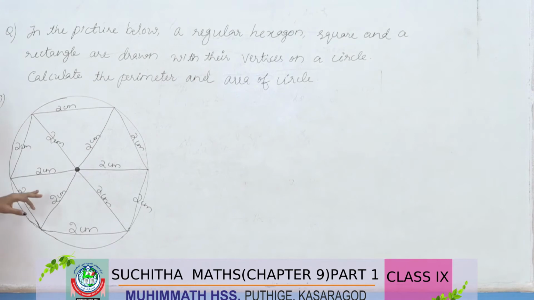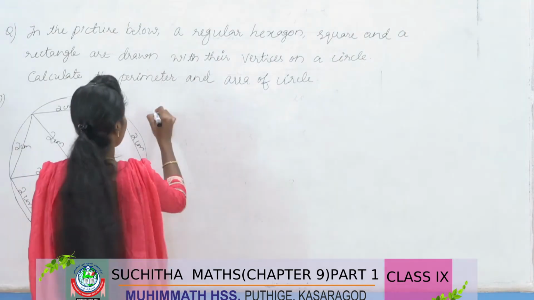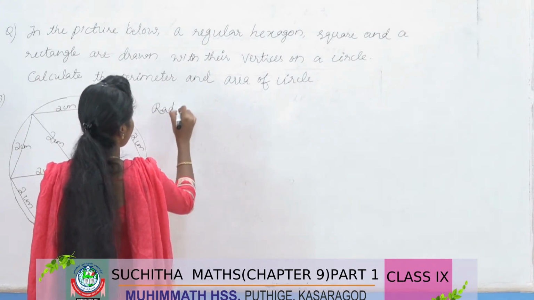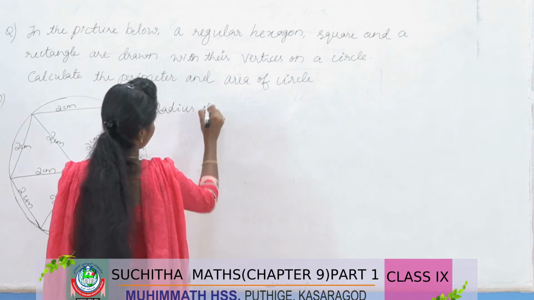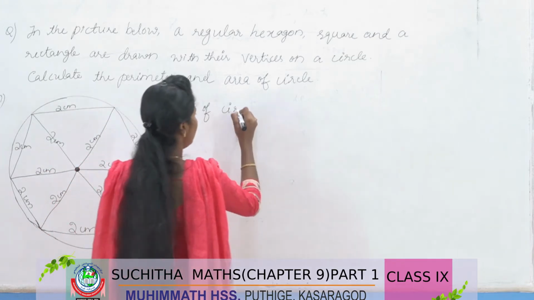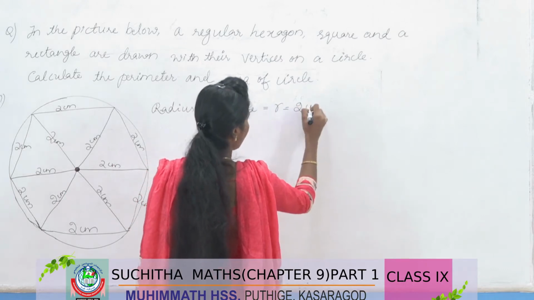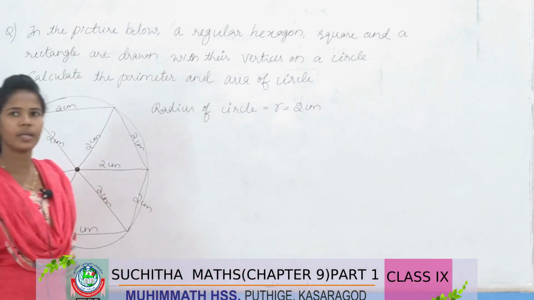So from this figure, we get the radius of the circle equal to 2 centimeter. Radius of the circle r equals 2 centimeter.